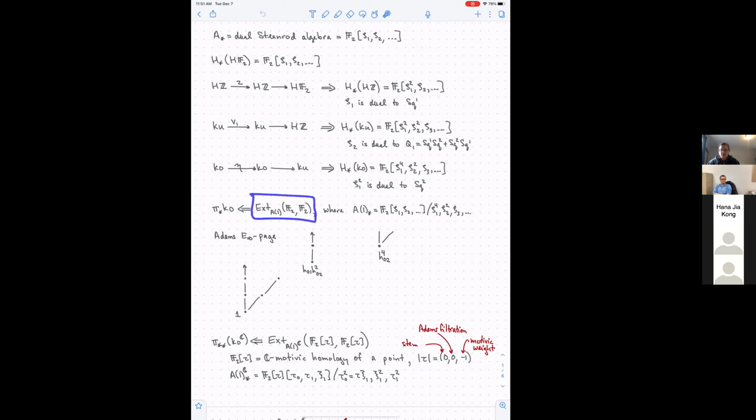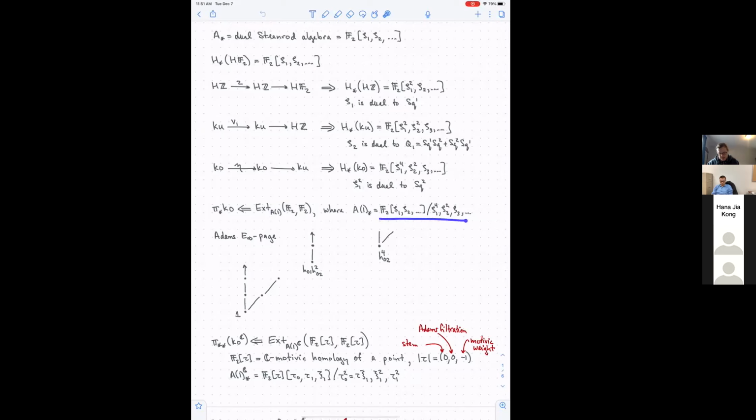The Ext groups turn out to be pretty simple to describe for little ko. From the perspective of the Adams spectral sequence, little ko is a really useful spectrum because its Adams spectral sequence is easy to describe. What you have to do is take Ext over some ring called A(1), and A(1) is defined, or its dual is defined, by this quotient over here.